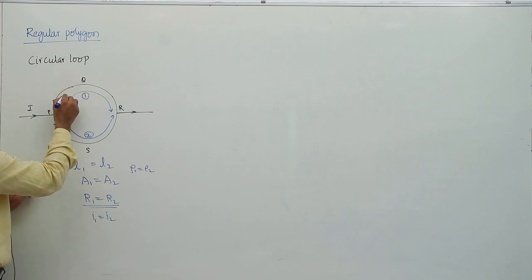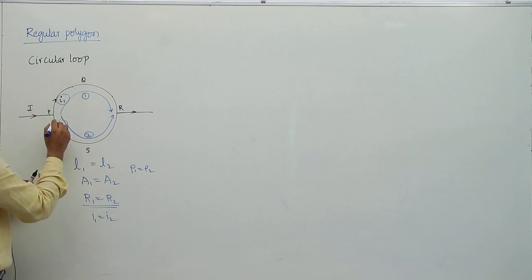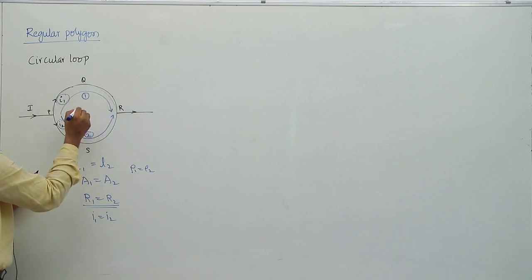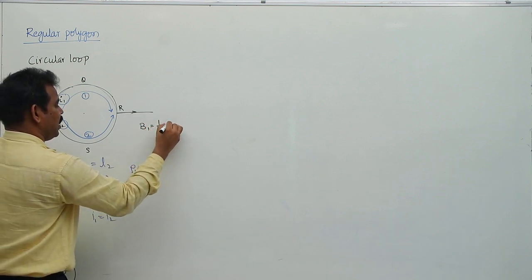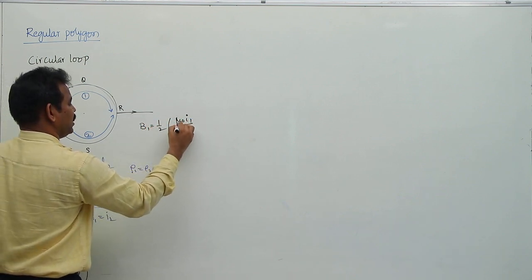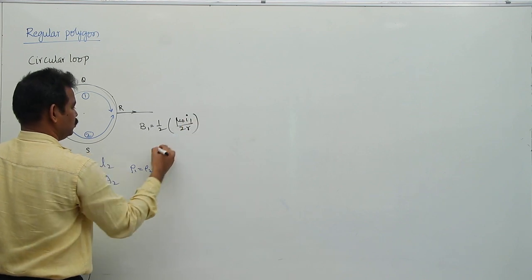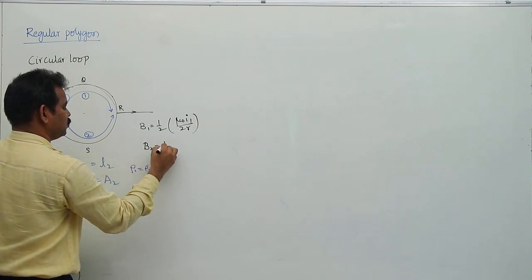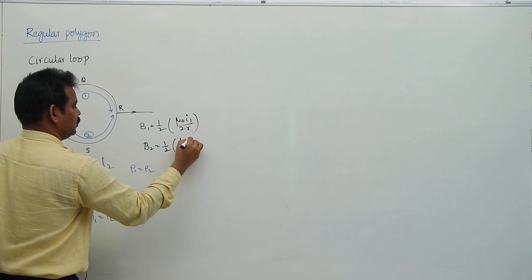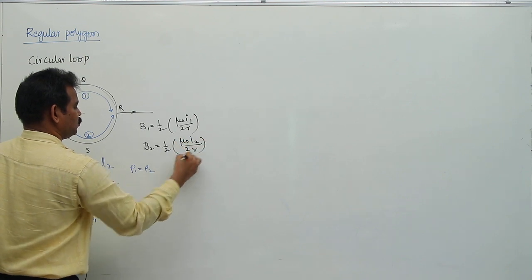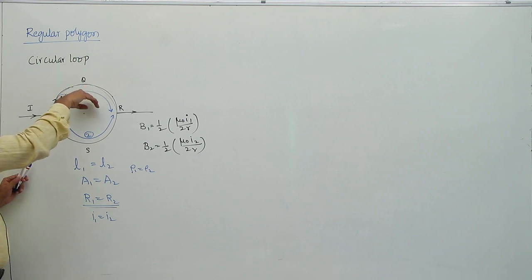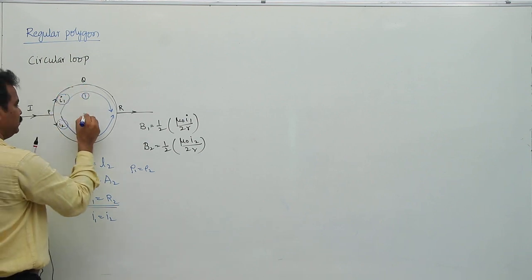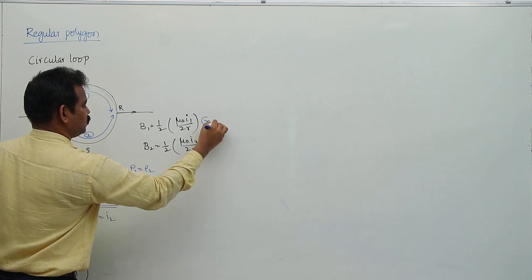When the current in the upper branch I1 is equal to I2, what is the magnetic field due to this one at the center? Magnetic field B1 is equal to half of mu naught I1 by 2r, B2 is equal to half of mu naught I2 by 2r for the semicircle. But B1 is acting into the board: magnetic field due to this current at this point O is into the board.